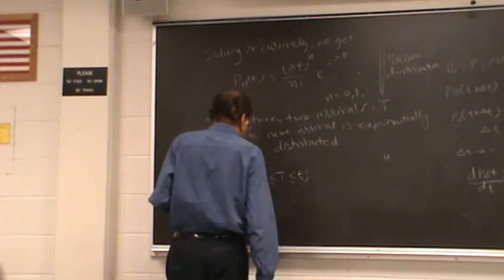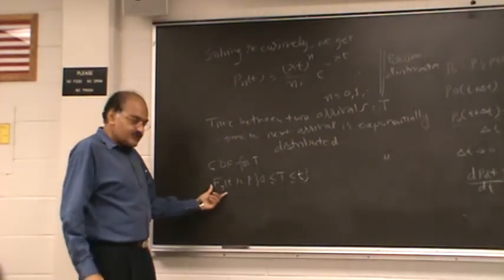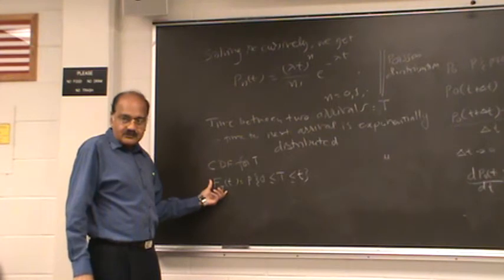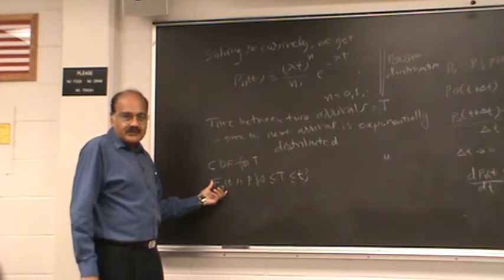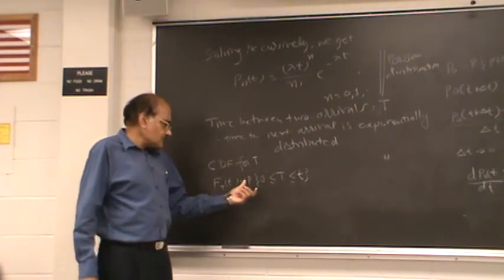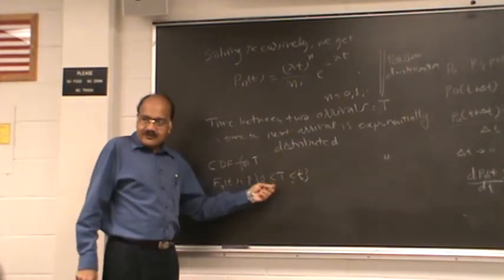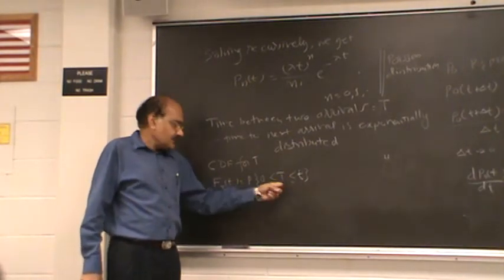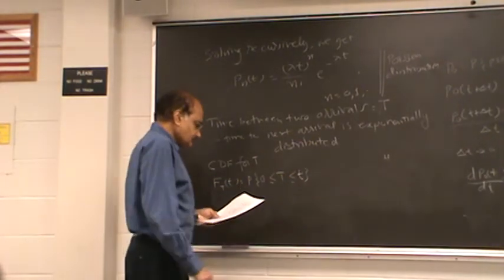This is the definition of the distribution function. So the distribution function is the cumulative between 0 and something, and it's a random variable.